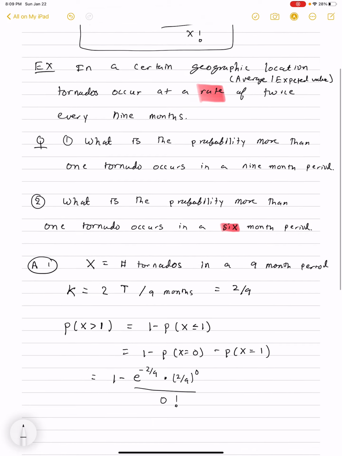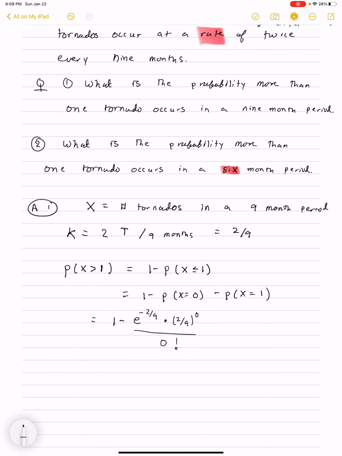And remember, 0 factorial is 1, minus e to the minus 2/9 times 2/9 divided by 1 factorial. So we can simplify this. This will be 1 minus e to the minus 2/9 minus 2/9 times e to the minus 2/9. Then you just need to calculate this number to get the probability.